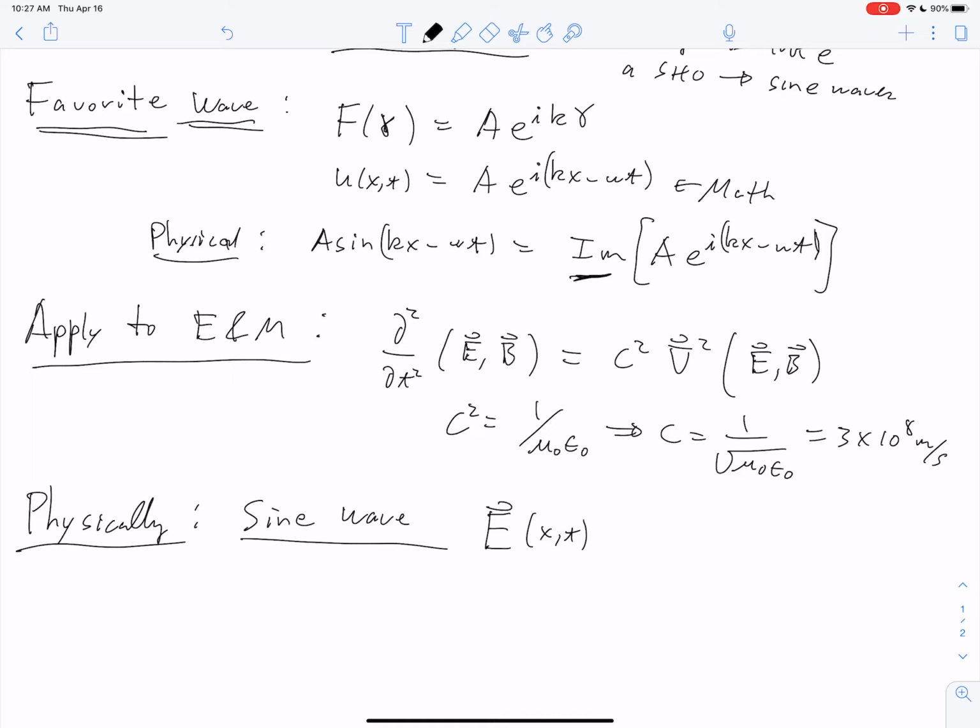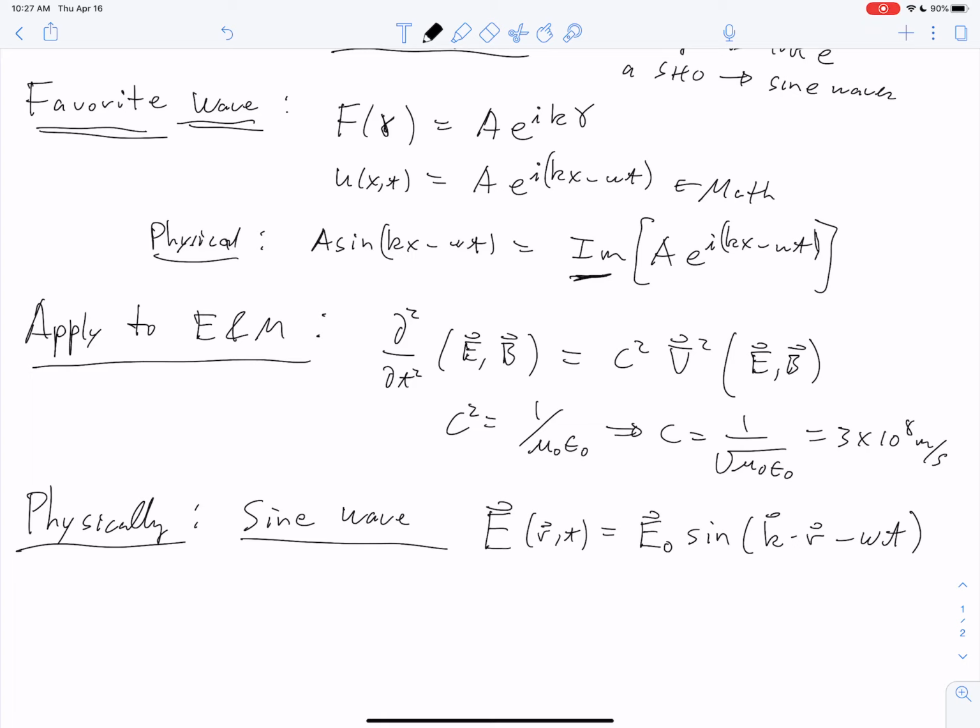Well, let's make it more general. E of r, t is equal to some vector, the amplitude, times sine of k dot r minus omega t.